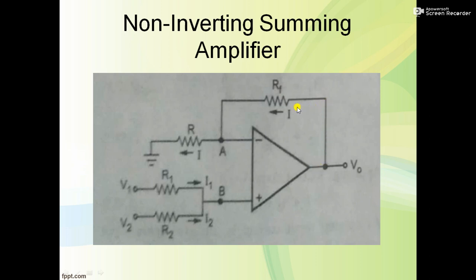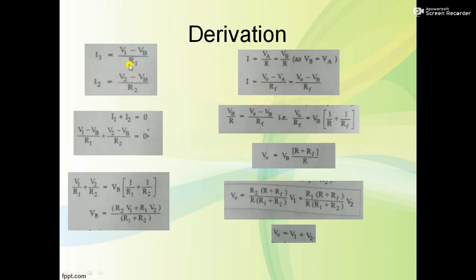Then it comes through the feedback resistance RF, then it comes to node A, and after that the same amount of current is also flowing through another resistor at the negative terminal, and it is grounded. So in this case we get V0 is equal to plus into bracket (V1 plus V2). Plus indicates the non-inverting terminal. So this is the derivation part.